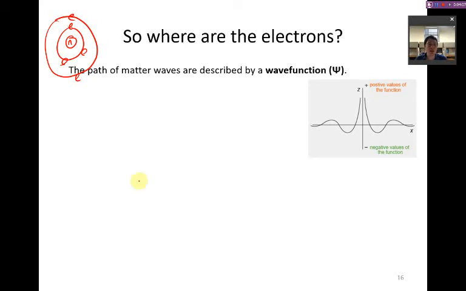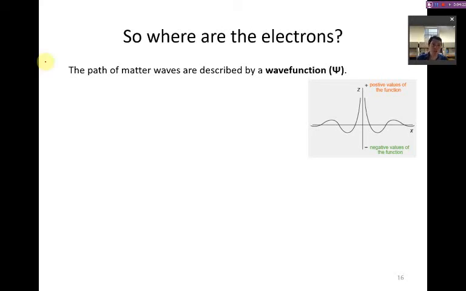It turns out, Schrödinger, who was a scientist in the early 1900s, described the path that matter waves can take as what he called a wave function.